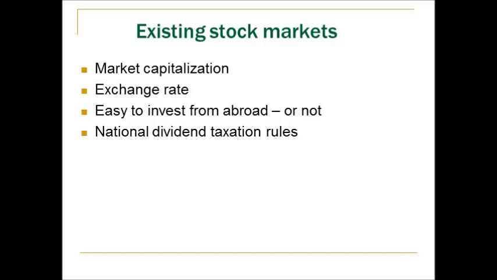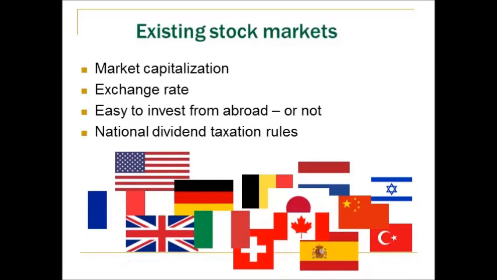And to finish this slide, you have to remember that each country has a different taxation rule for dividends, and sometimes it takes a significant part of the dividend when you invest in a foreign country. So this has to be taken into consideration. On the other hand, the capital gain rules are usually your national capital gain rules. You don't borrow the foreign country's capital gain taxation rule, so sometimes it's easier to understand.